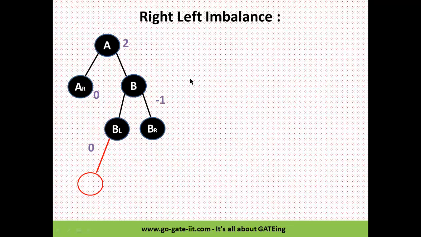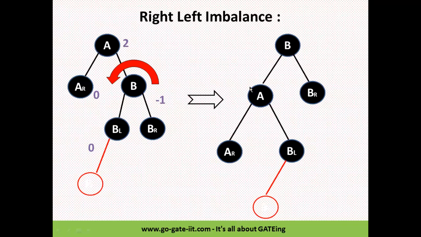But in case of right left imbalance, there is certain complexity with respect to rotations. To achieve it, first of all we need to do a left rotation. So that gives you this kind of tree.